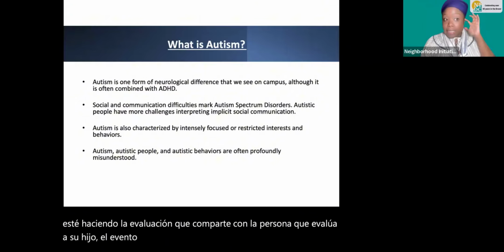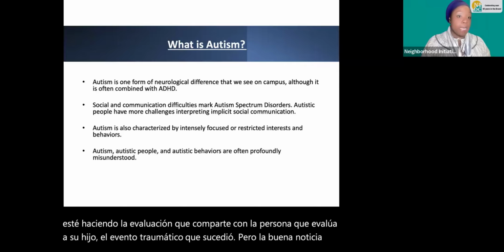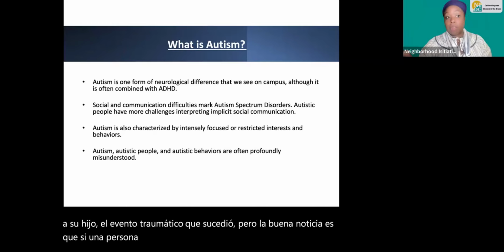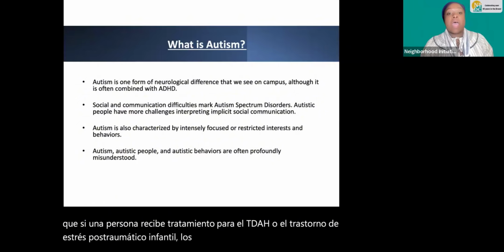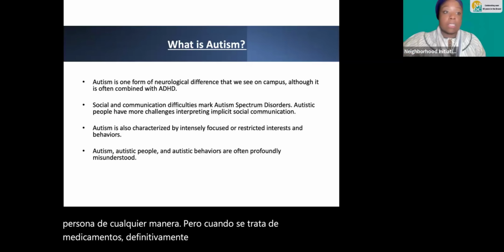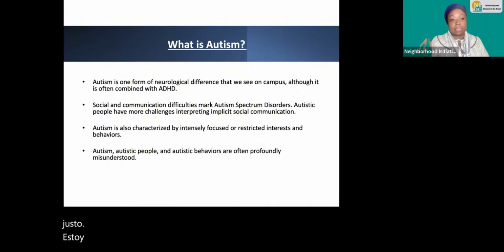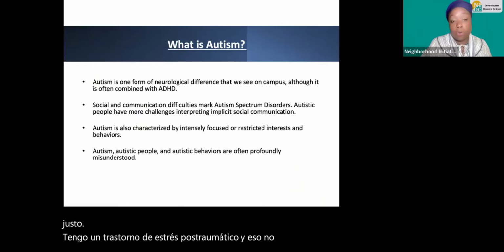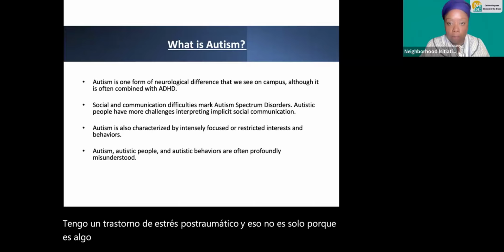But the good news is if a person is treated for ADHD or childhood post-traumatic stress disorder, the treatments will still help the person either way. But when it comes to medication, you definitely want to make sure that it's not just post-traumatic stress disorder. And that's not a "just," because that's something very difficult that can impact how you think as well.